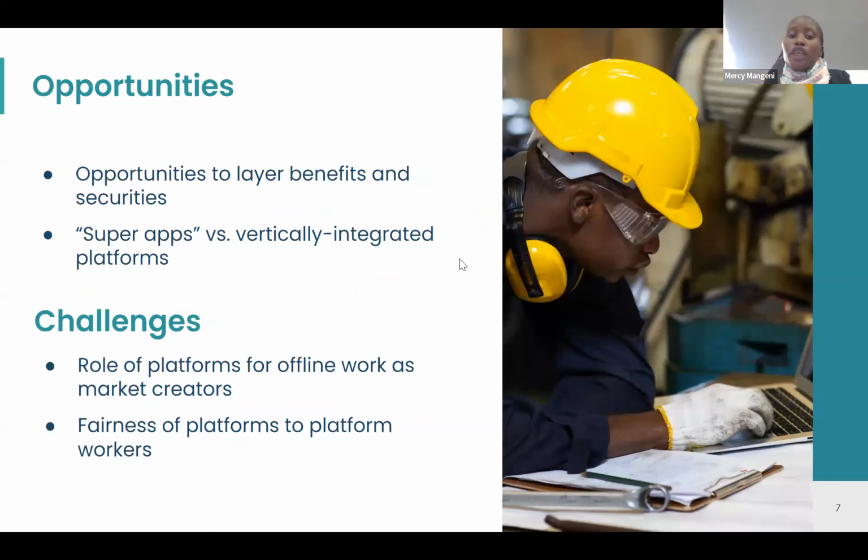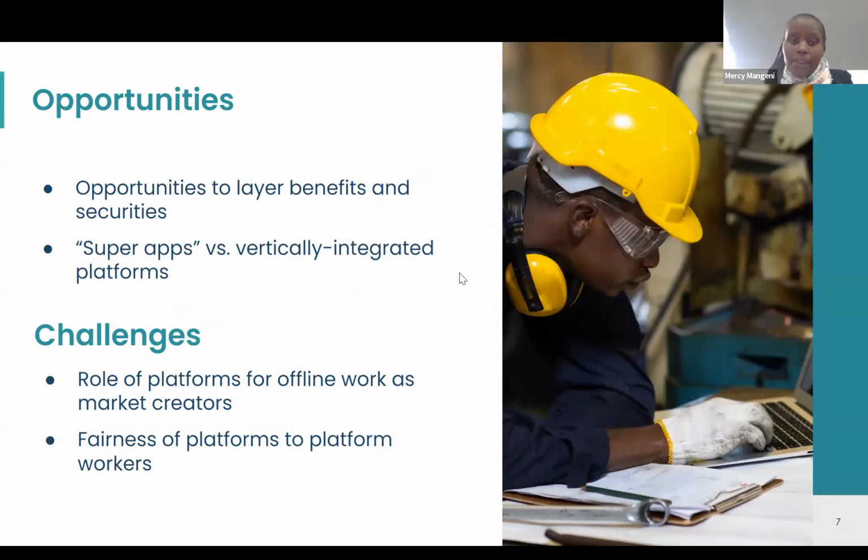Now, there are various opportunities and, of course, challenges that exist within this sector as well. The first key opportunity that we've seen is that these platforms generally tend to have opportunities to layer on benefits and other securities for their workers or users. The idea of layering on is to increase retention of the users or workers on the platform and reduce churn. So we are talking benefits such as insurance, training, and support.